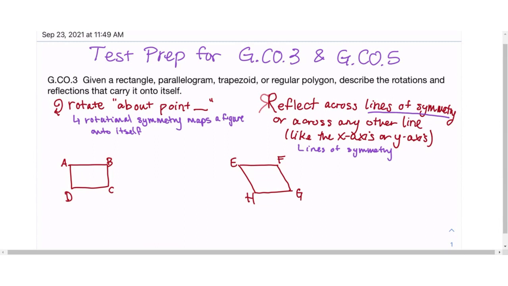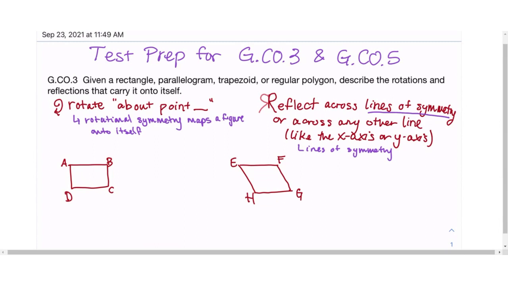By the time you're done with the unit, which goes through workbook 11, you will also cover G.CO.8. So today in our live lesson, we're doing G.CO.3 and G.CO.5.